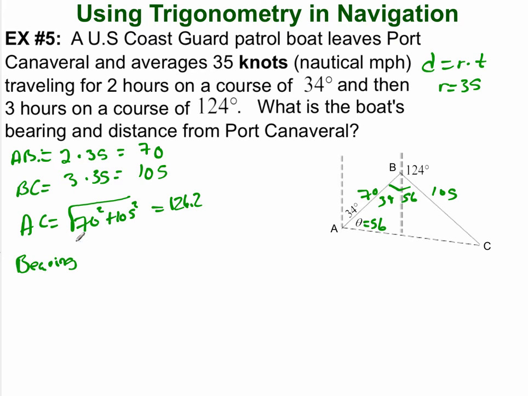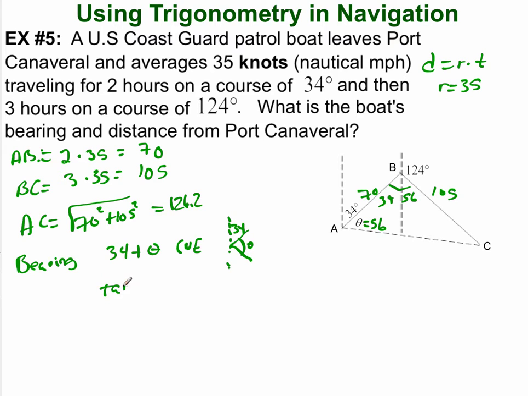To find the bearing, for theta, it's going to be 34 plus theta, and this is going to be northeast, where this is theta, and this is 34. That's the bearing of 34 east.